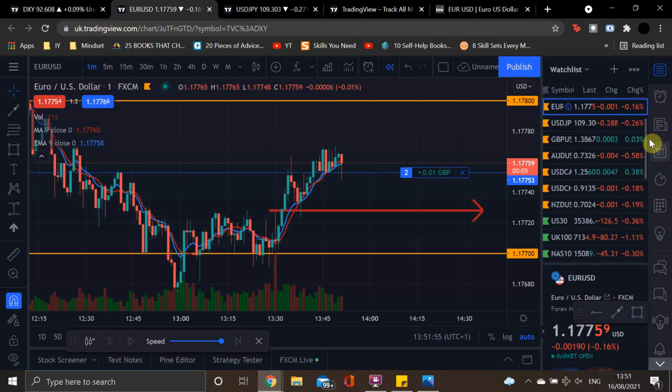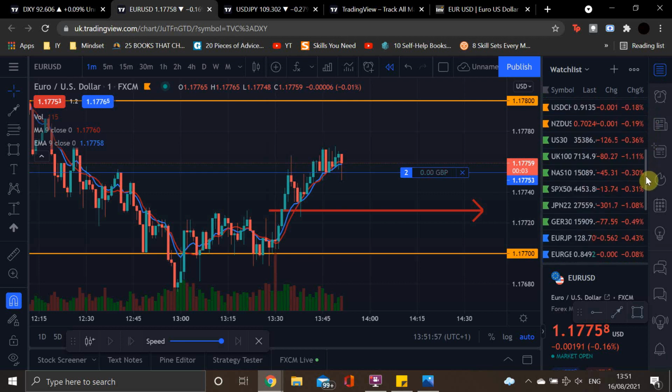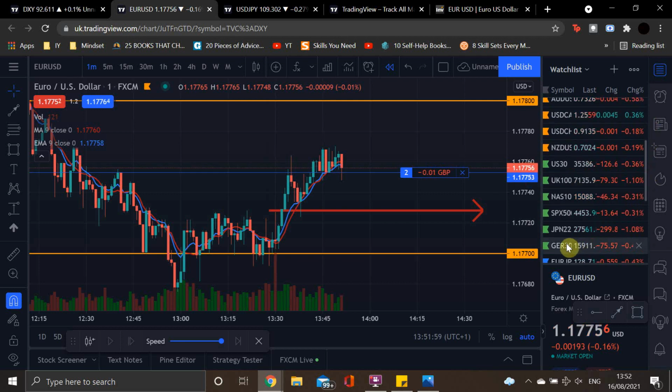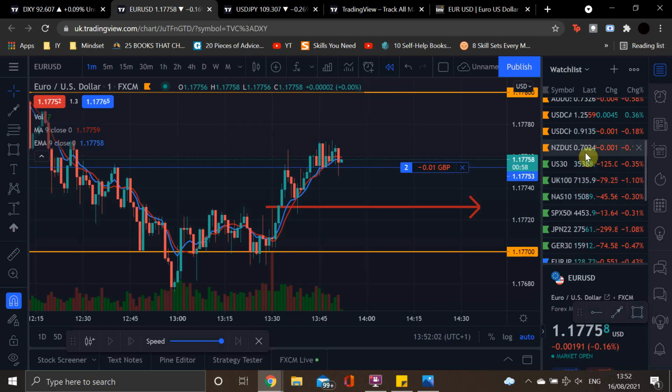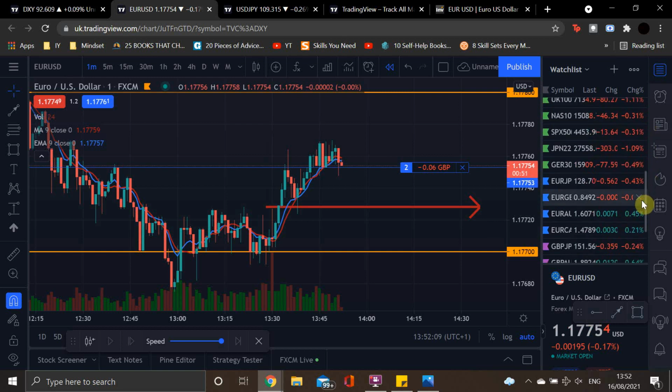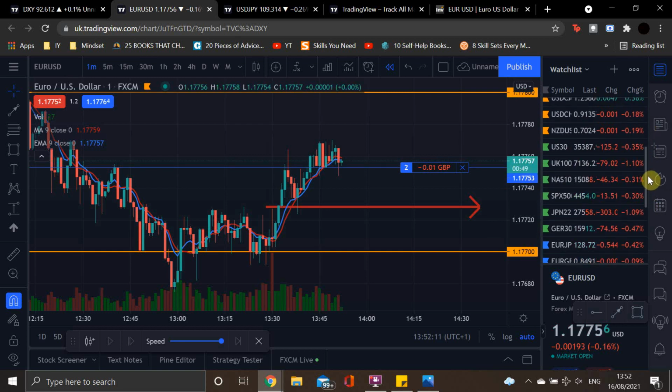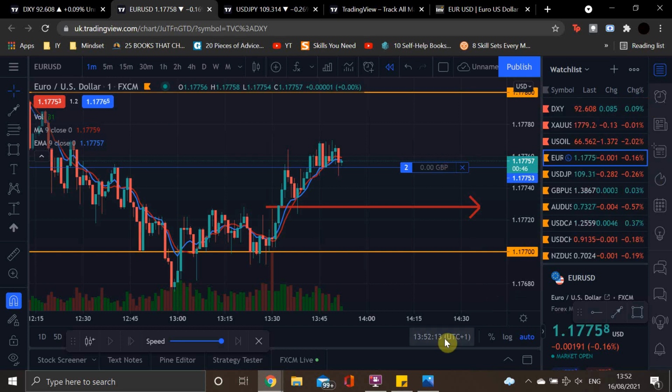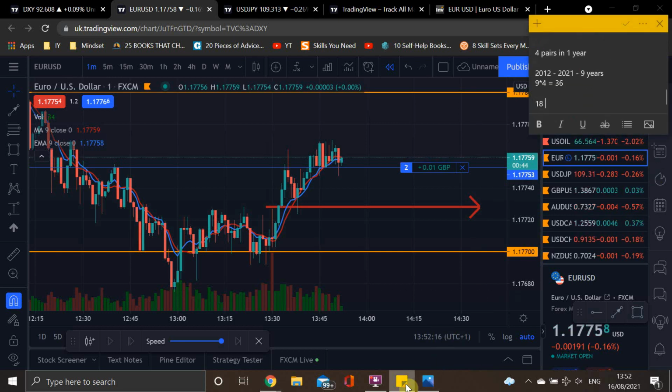So 18 pairs, and then the rest is indices, so that'd be 1, 2, 3, 4, 5, 6, 7. So I have 18 pairs and 7 non-forex trading instruments.